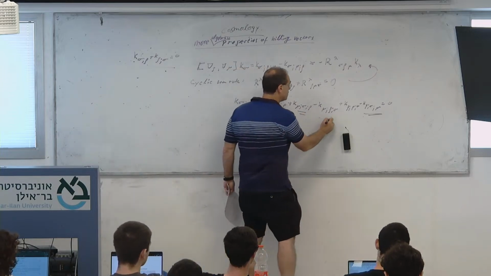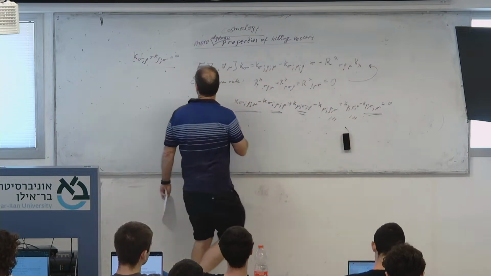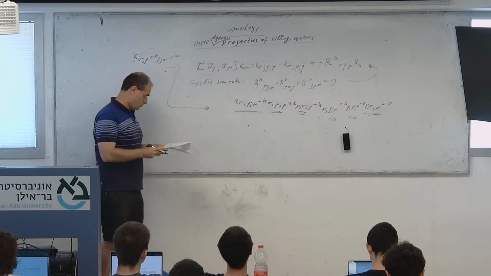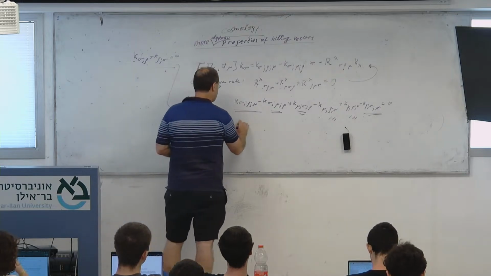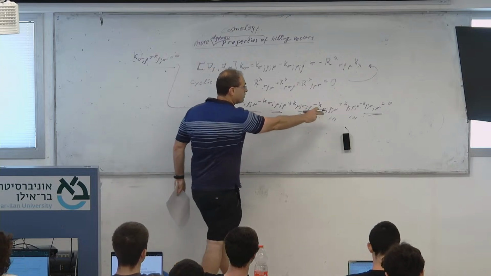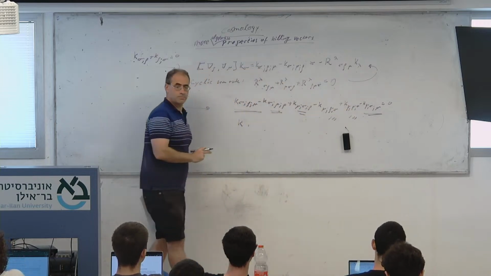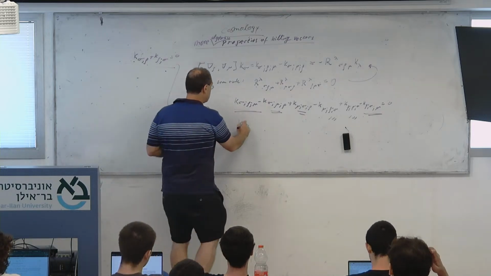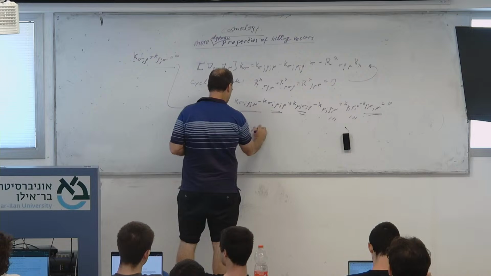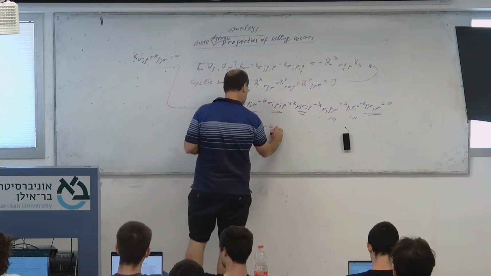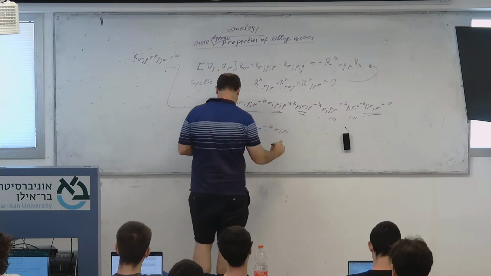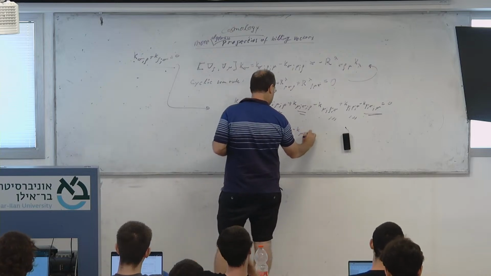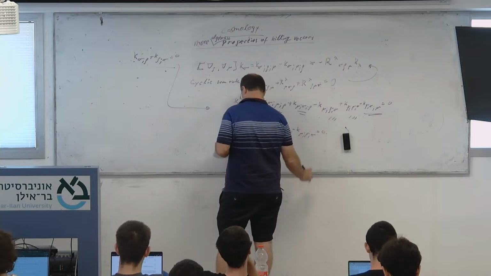I plug in the Killing condition here. They're equal, so I have 2, 2, 2, and I can divide by 2. So it's K sigma rho mu minus K sigma mu rho minus K mu rho sigma is equal to 0.